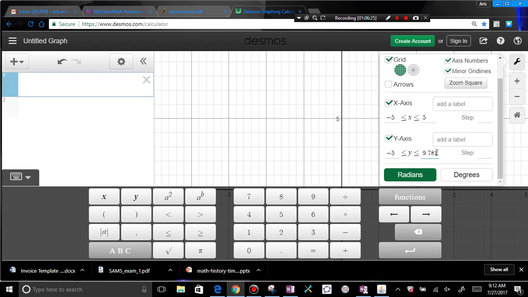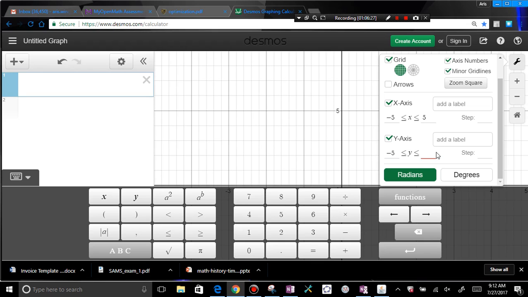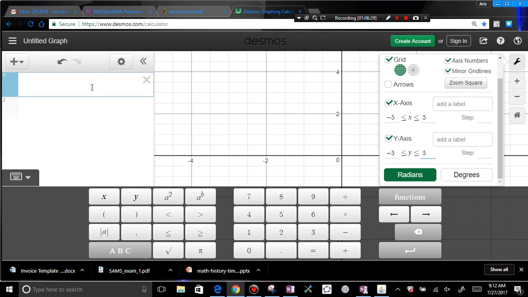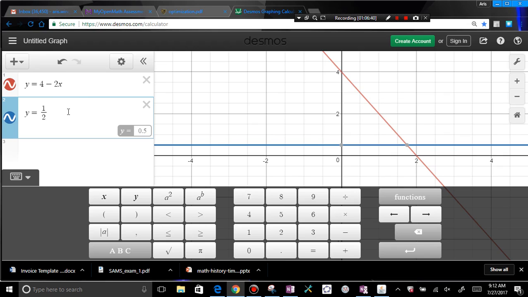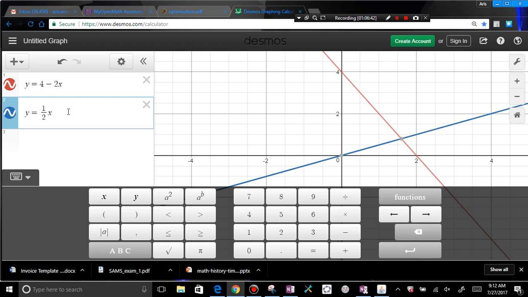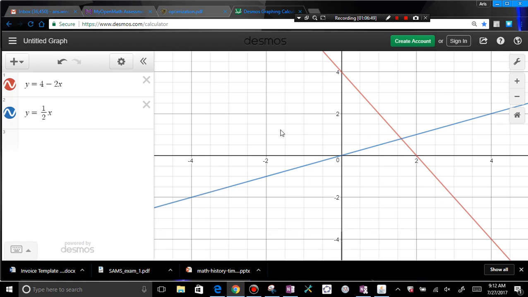And then we'll put the functions back in. 4 minus 2x. And then y equals 1 over 2x. Like that. Is that okay? You can minimize the keyboard if you want. You just want to look at that? Okay.